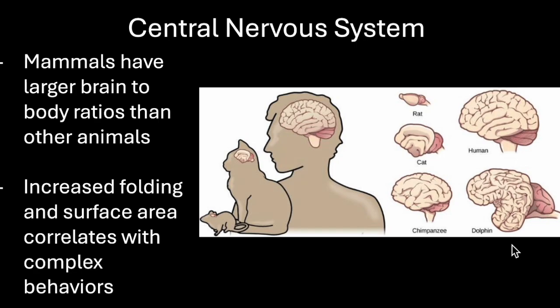That helps increase the surface area of the brain, and pretty much is a way to have more surface area with the same volume of space. And typically we think of the surface area correlating with complex behaviors within animals. So, we can see our brain here compared to that of a chimpanzee or a cat. Moose definitely has a bigger brain than this, but that's not the point.